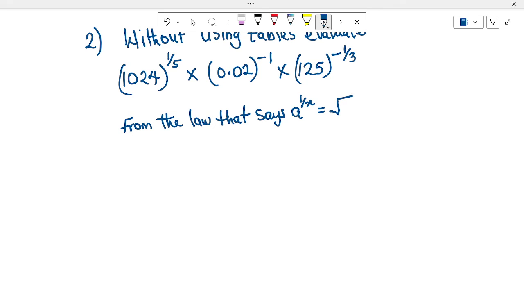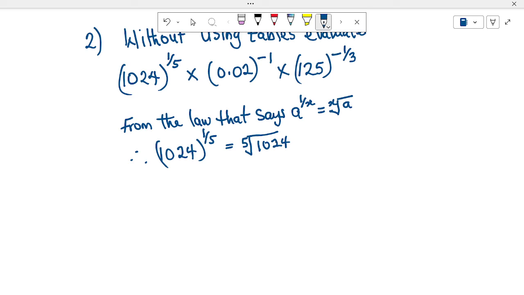The x roots of a. The x roots of a. Therefore, we know that 1024 raised to power 1/5 is the same thing as the fifth root of 1024.